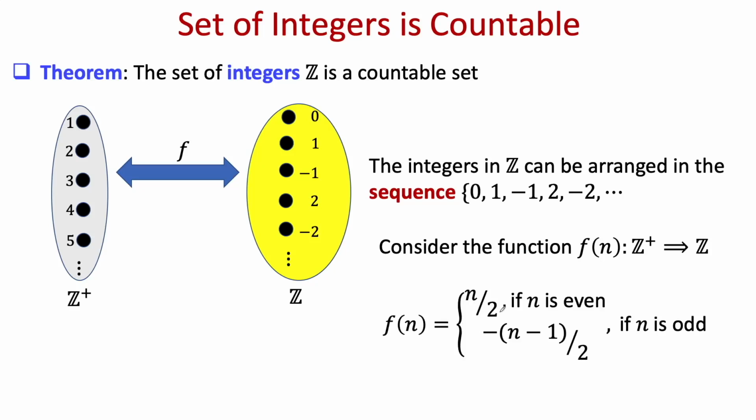My f of n will be n over 2 provided n is even, whereas if n is odd, that means n minus 1 is divisible by 2, then my mapping will be minus of (n minus 1) over 2. It is a straightforward exercise for you to verify that indeed this mapping f is a bijection, which shows that the cardinality of the set of positive integers and the cardinality of integers are the same.